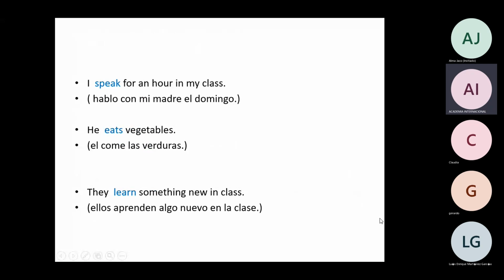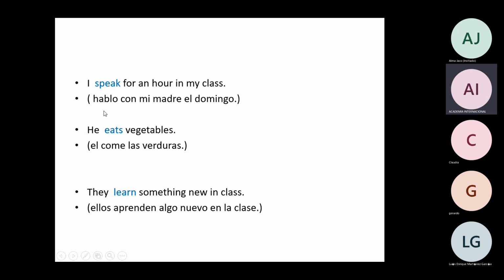For example, I speak for an hour in my class. Aquí esto no es lo que quiere decir en español. Aquí porque lo cambié el ejemplo, pero lo que importa es que el ejemplo que está en inglés, no el que está en español.